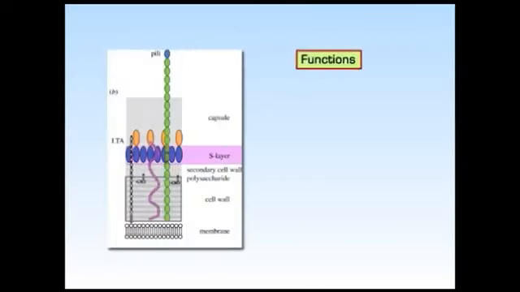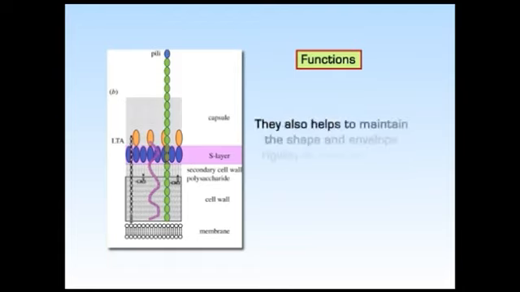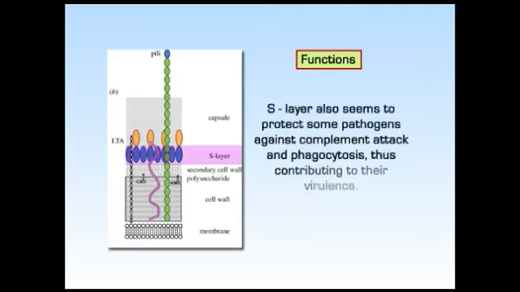As for its function, it may protect the cell against ion and pH fluctuation, osmotic stress, enzymes, etc. It also helps to maintain the shape and envelope rigidity of some bacterial cells. The S layer also seems to protect some pathogens against complement attack and phagocytosis, and this contributes to their virulence.